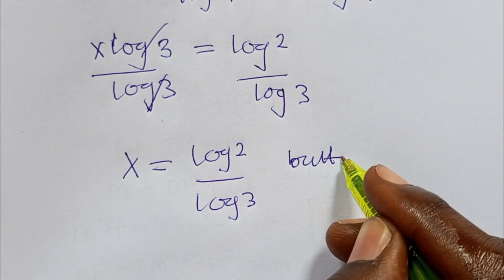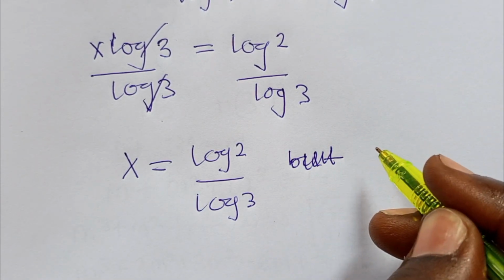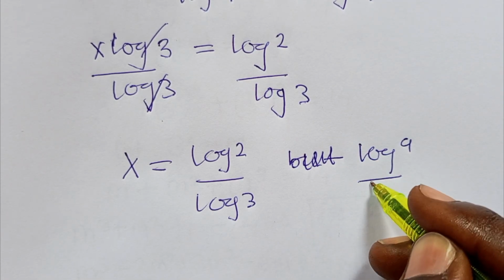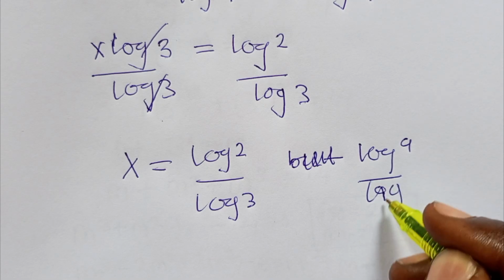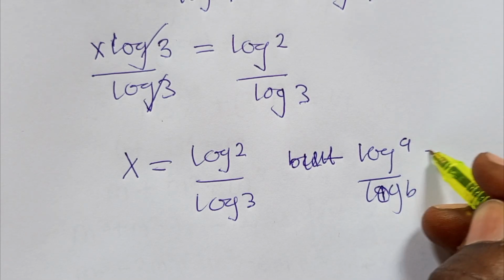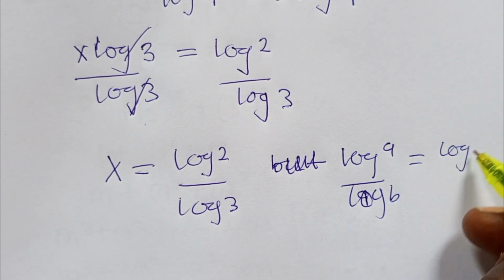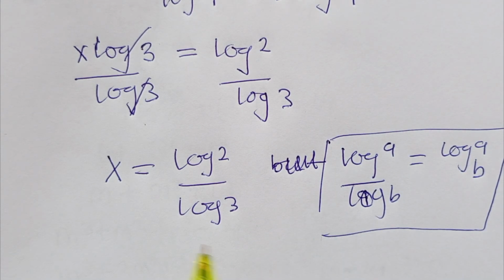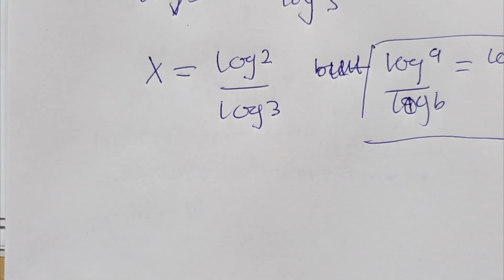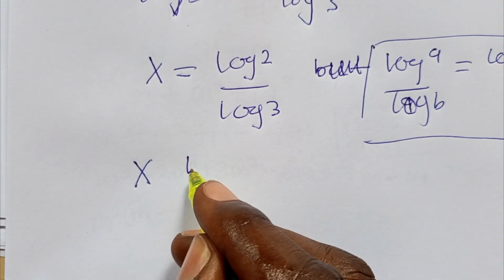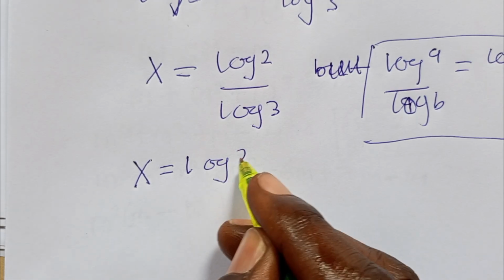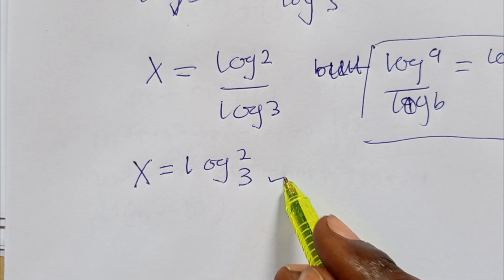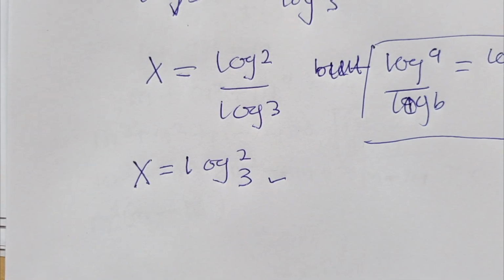But you know that log a divided by log b is the same thing as log a base b. So applying that here, we're going to have x as log 2 base 3.